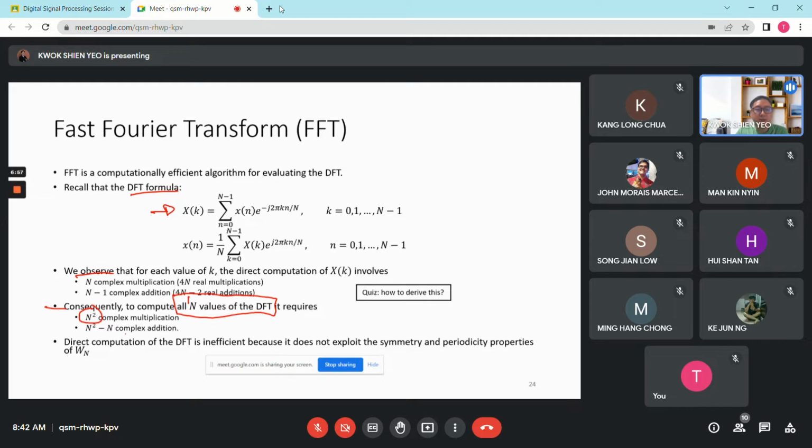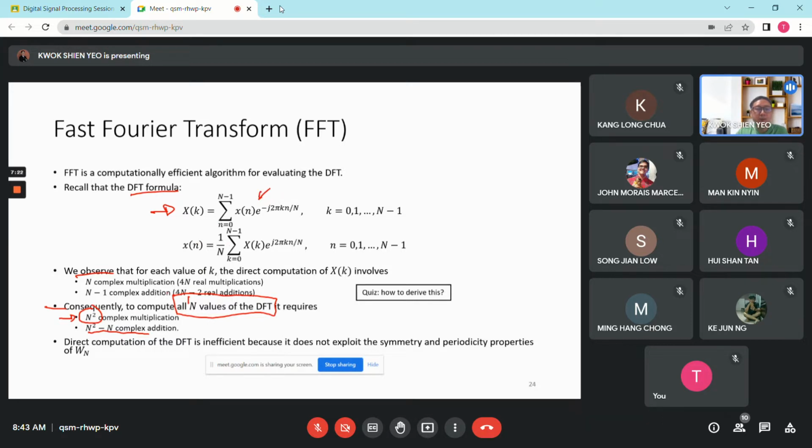The complex additions are n^2 minus n, but for easier understanding, we look at the complex multiplication part first. If you understand how this n^2 comes about, then you can also calculate how many complex additions there are.